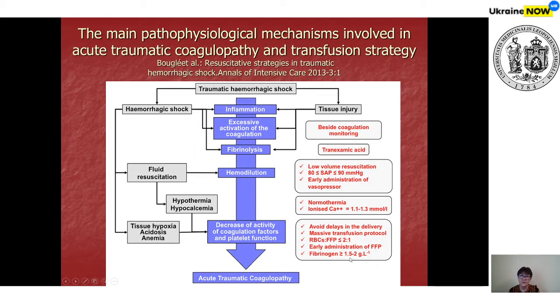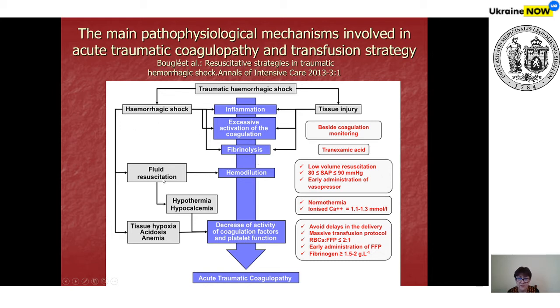The main pathophysiological mechanisms involved in acute traumatic coagulopathy and transfusion strategy. So, traumatic hemorrhagic shock, tissue injury, shock per se, provoke inflammation, excessive activation of the coagulation factors, and fibrinolysis.